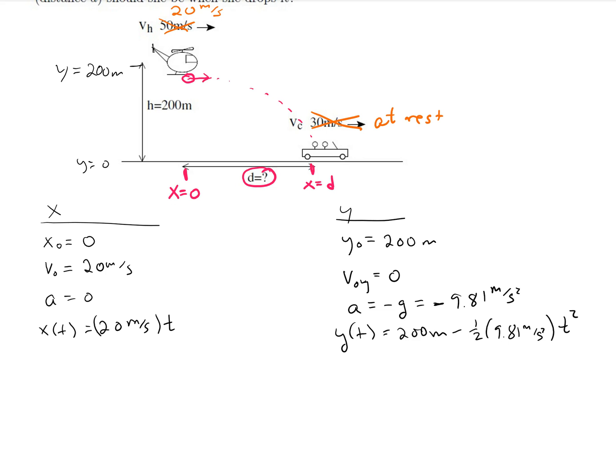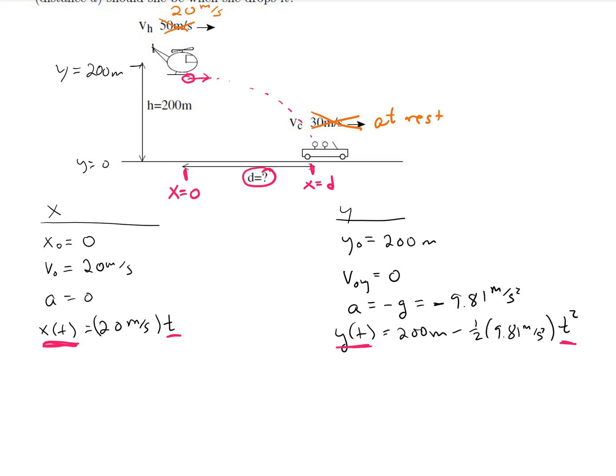So what we want to know here is the value of x of the water balloon when it hits the car, and that's when it hits the ground. But to know that, we have to know what time that happens at. So let's first go over here to the y equation and figure out what the time is when y equals 0.